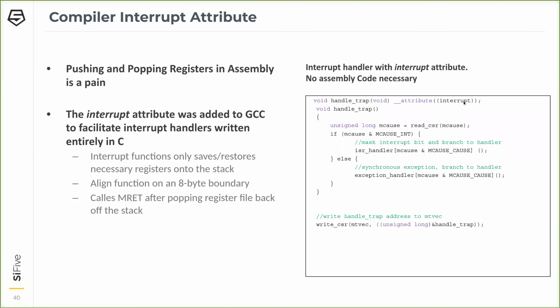At this point, whenever an interrupt is taken, the compiler has already taken care of saving and restoring the necessary registers on the stack, as well as any alignment requirements, as well as calling the mret instruction after popping the register file back off the stack. And you can see in this case, when we're writing to MTVEC, we simply write the address of the handle trap function.